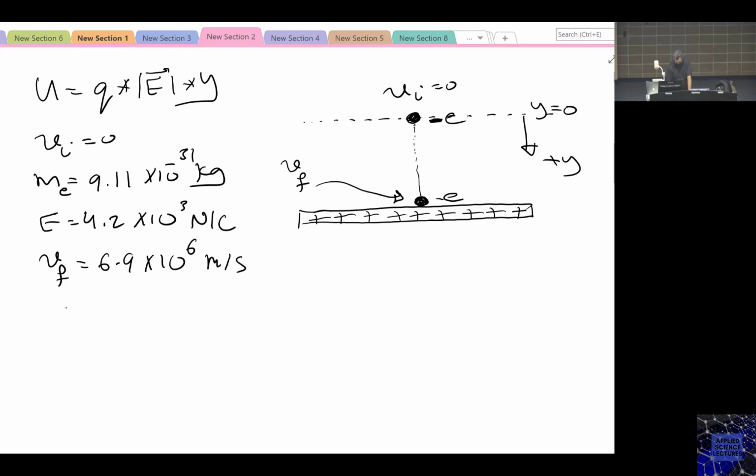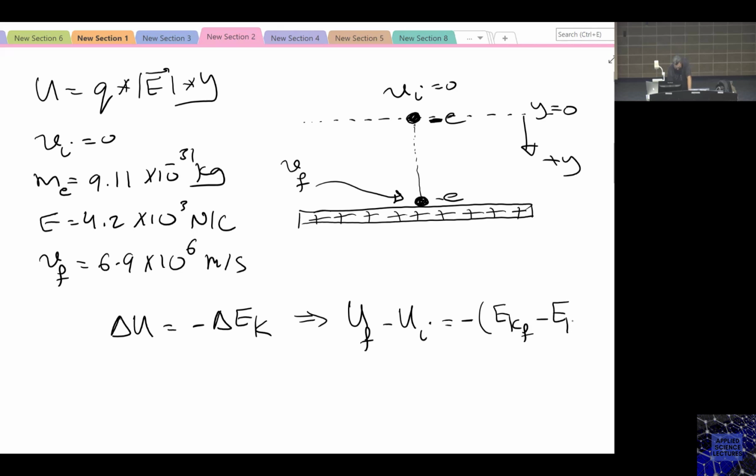So in this case, if I apply the conservation of energy, I have delta U equals minus delta EK, or UF minus UI equals minus (EKF minus EKI).